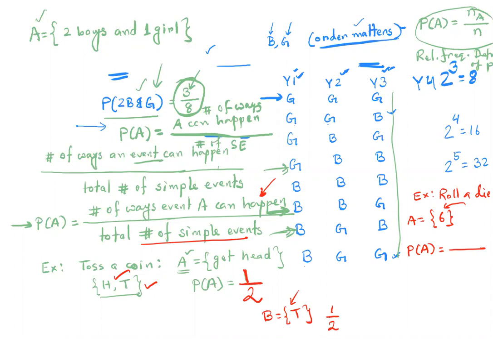Like getting a head is a simple event because it can happen in only one way. So event A can happen in only one way, divided by the total number of simple events. Now, when you roll a die, how many simple events do we have? Can somebody help me out?